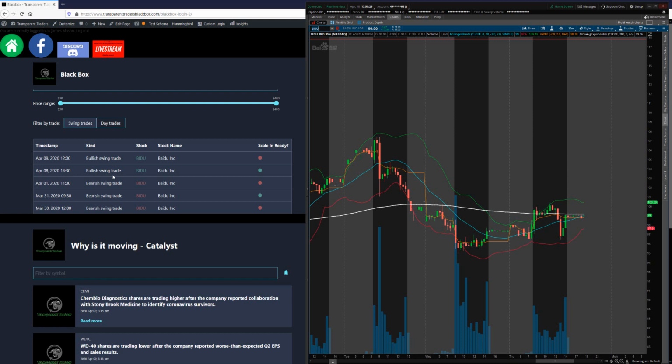I let that trade run, and I'll take profits. You have to define for yourself when you want to take profits. I have certain percentage ranges that I like to hit, and that's what I go by. So, use this. I highly recommend trading this way if you like to swing trade. And this is exactly how to use the Scale In Ready feature for the TT Blackbox.